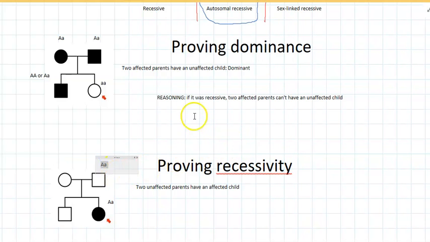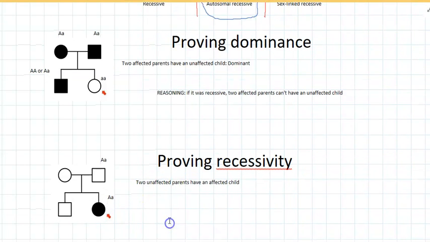So if a trait's dominant, you can't have two unaffected parents giving it to their child because that affected allele is going to affect the parent and it would have affected their parent and so on back every generation. So this situation has to be recessive.